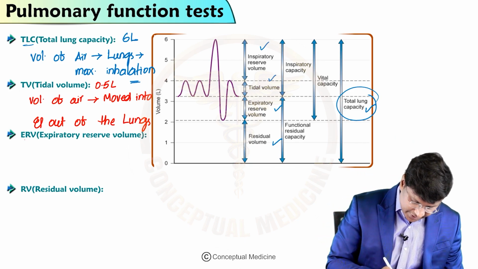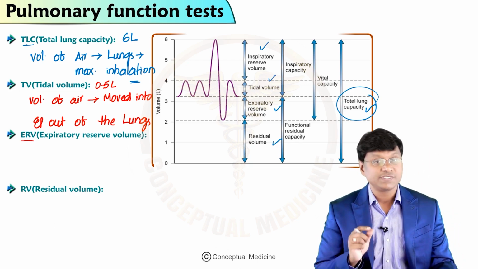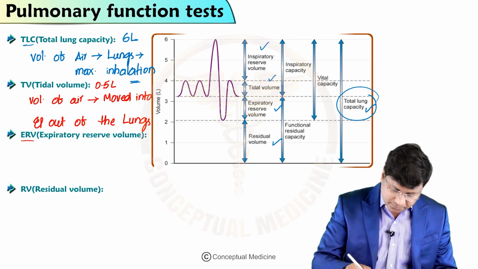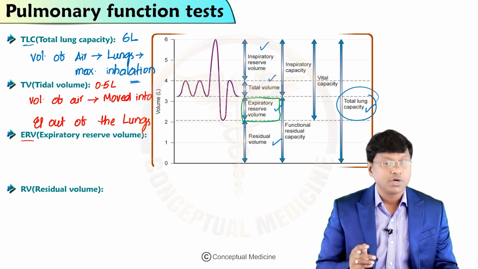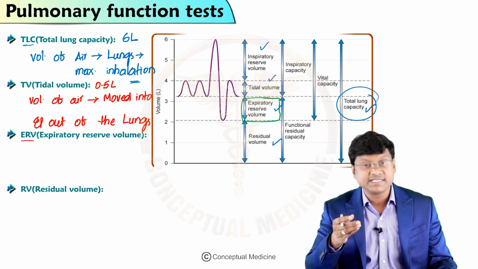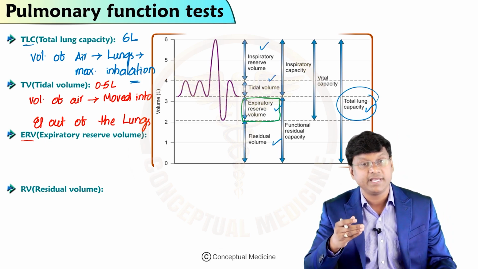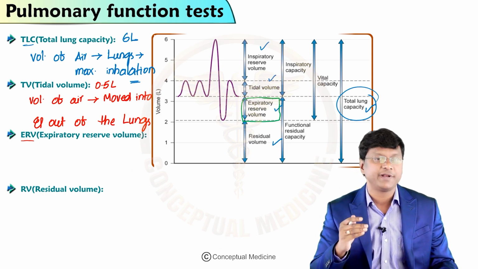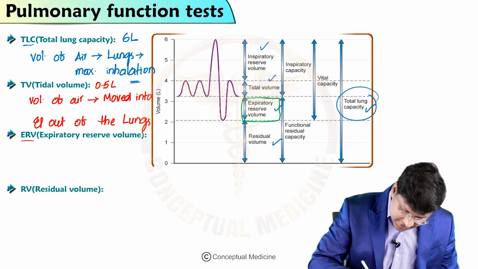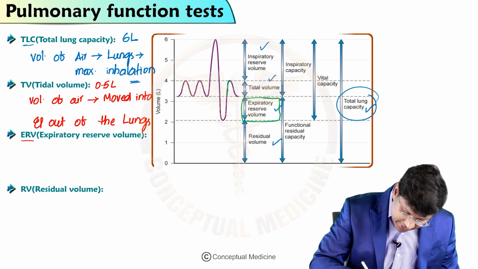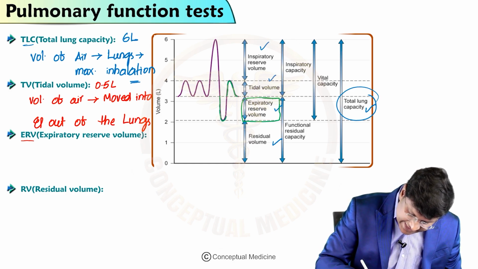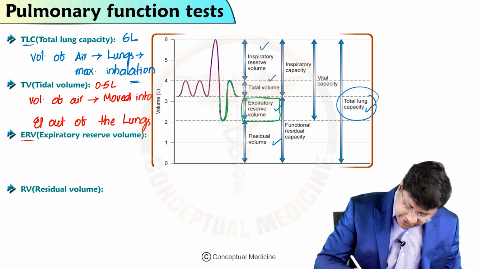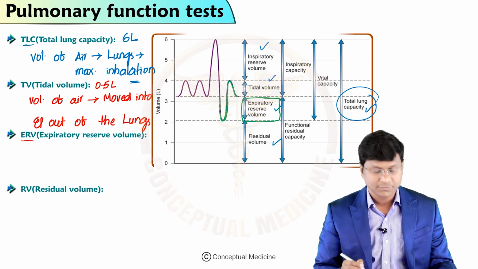Then coming to the expiratory reserve volume. So if you see this expiratory reserve volume, this will be your expiratory reserve volume. Okay. So how is it defined? Expiratory reserve volume, it is the maximum volume of air that can be exhaled from the end expiratory position. You see, this is the normal inspiration and this will be your expiration. So from end expiratory position, whatever the volume of air that is exhaled maximally, that will be your expiratory reserve volume.